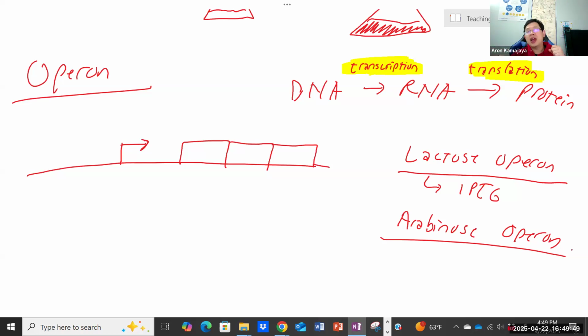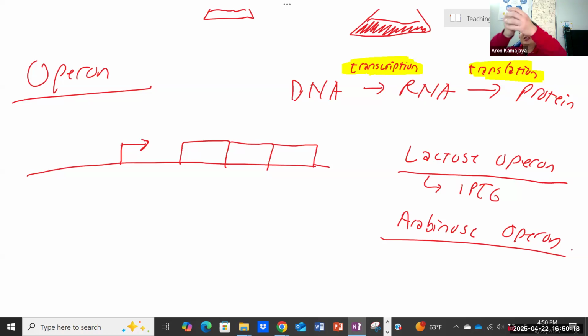So they usually have three major genes involved in bringing the lactose into the cell and processing it: LacZ, LacY, and LacA. So there are three genes involved in helping the cell bring lactose in and digest it, right?